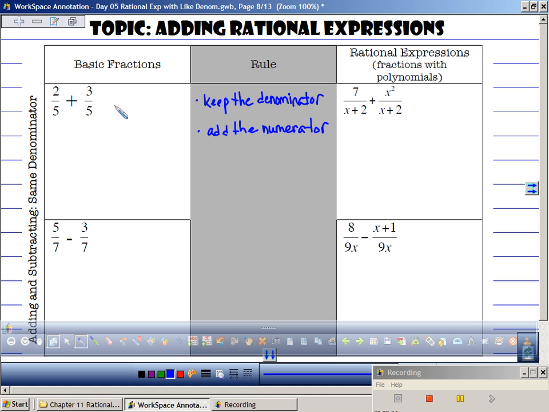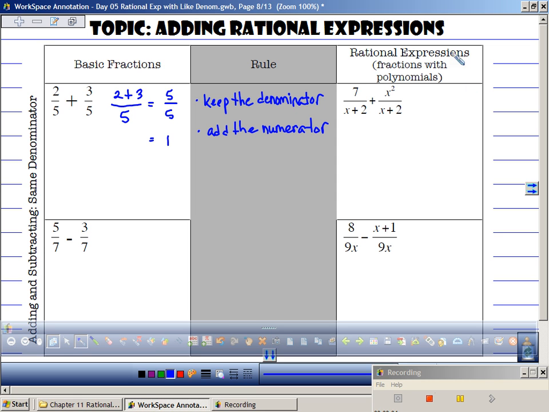So I would keep the 5 and add the numerator, which makes 5 over 5, which is equivalent to 1 when we simplify it.